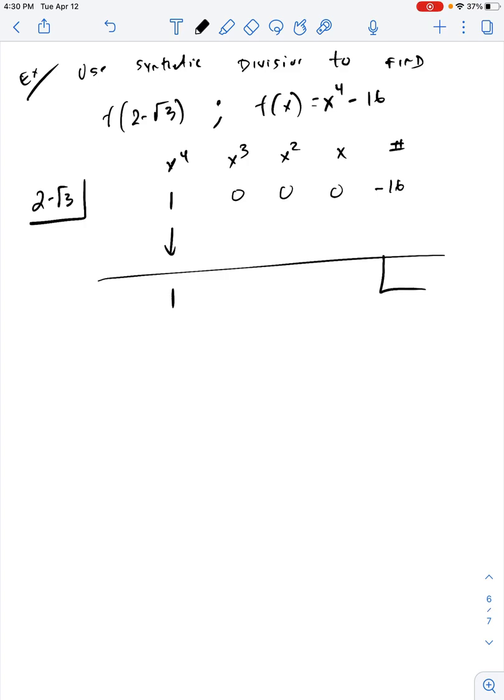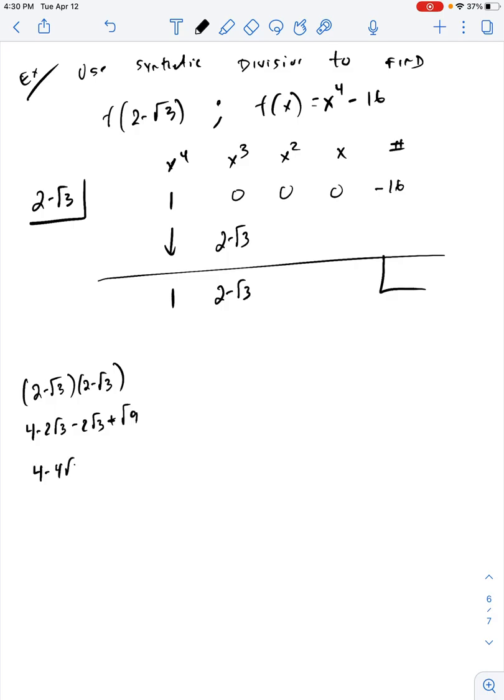We bring this down, we multiply, 2 minus square root of 3. We add 2 minus square root of 3. Now we multiply. Looks like we got to do a little bit of work here. All right, looks like that's 4 minus 2 square root of 3 minus 2 square root of 3 plus square root of 9.